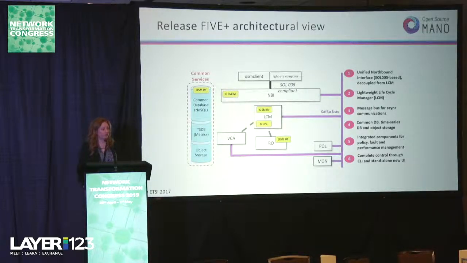If an alert or an event is caught by the MON module, it's able to push something onto the Kafka bus that could be consumed by the lifecycle manager to remediate that network service. That wouldn't be possible if they were all using separate buses. So unifying all of this with a common bus gives us the flexibility to have these different modules talk to each other, but in a standardized and controllable way.